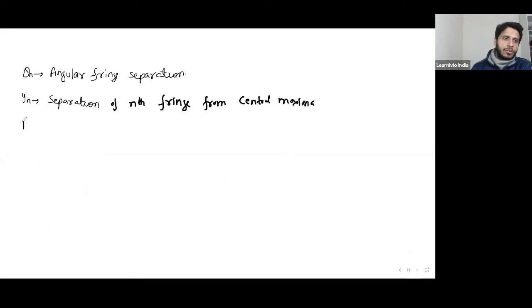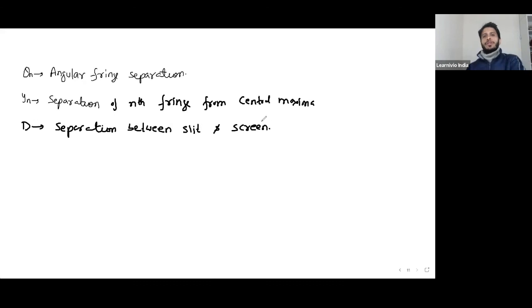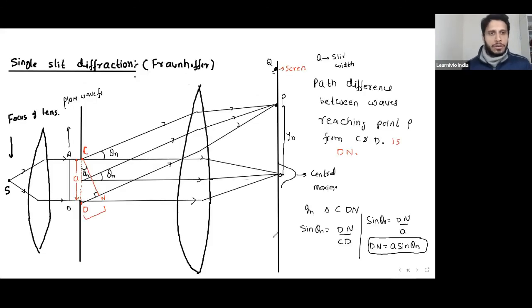And then we use capital D, which is the separation between slit and screen. This is my capital D.